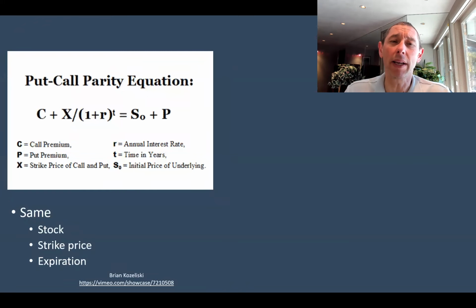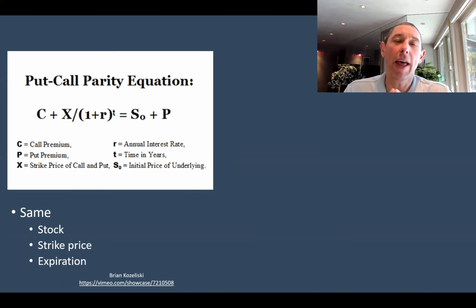One last thing to keep in mind is there is a relationship between a call price and a put price. It's called the put-call parity. The idea here is that given the same stock, the same price, the same exercise price, and the same date of expiration, this relationship should hold, where the price of the call is equal to the discounted exercise price plus the current price plus the put.